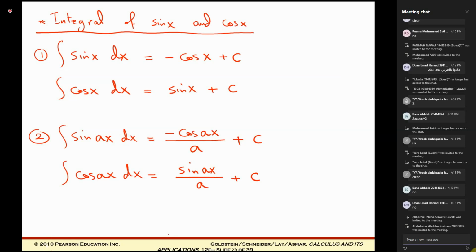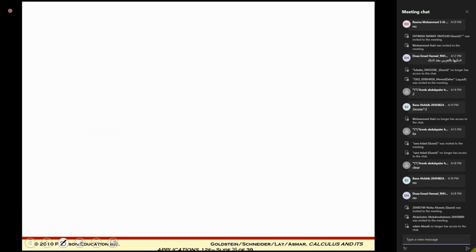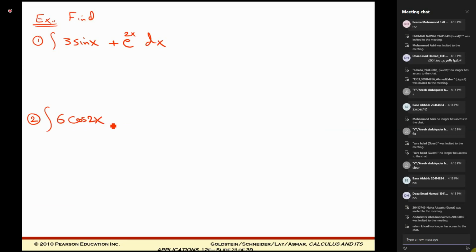Example, in the integration, find number 1, integral of 3 sine of x plus e to the power 2x dx. Number 2, integral of 6 cosine 2x minus 15 over x to the power 3 dx.